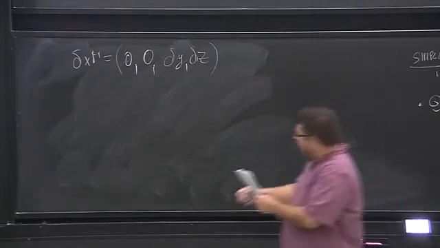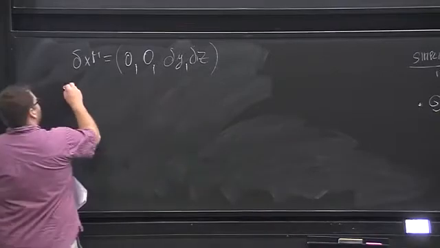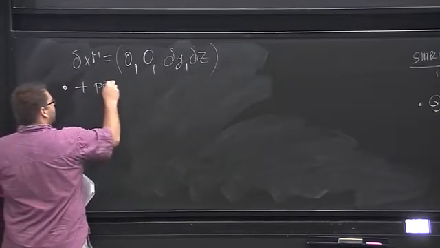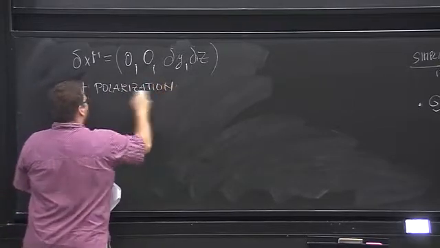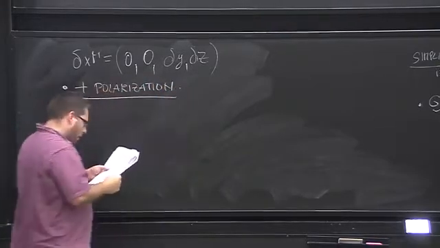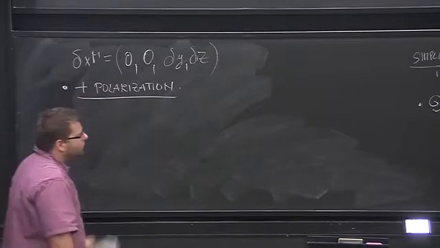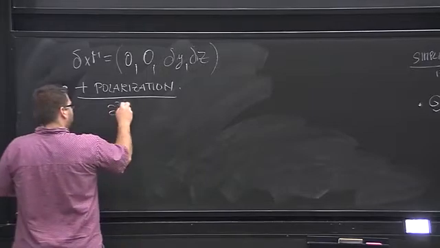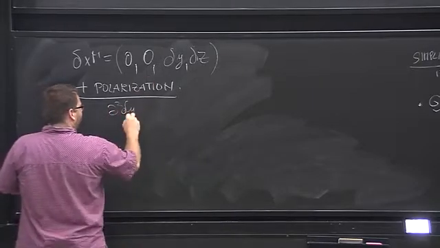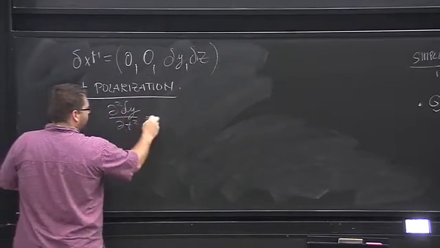And so specifically, let's consider first the plus polarization. And so for the plus polarization, okay, so we have d² of δy over dt².